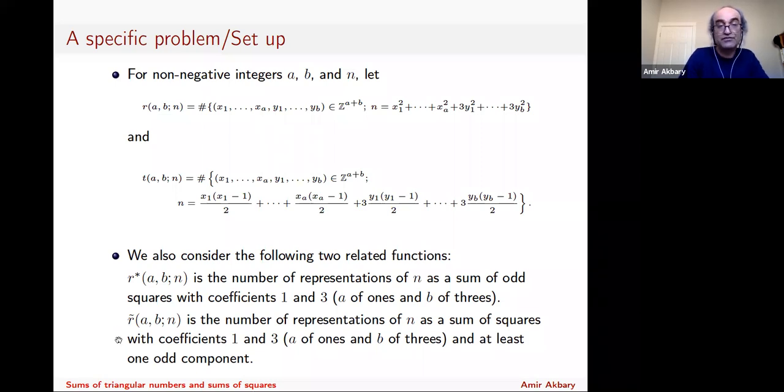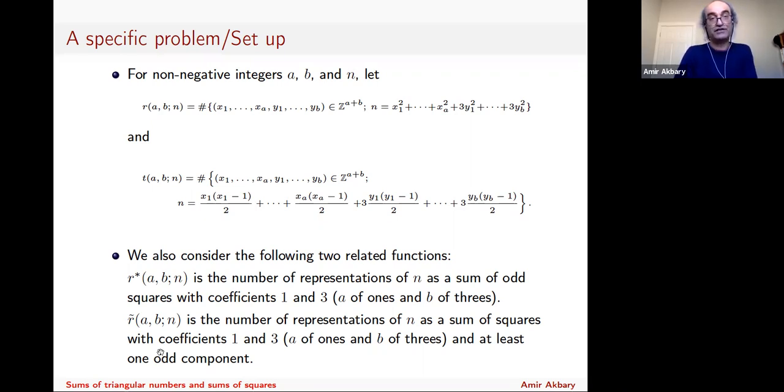And then this function R tilde, which is the number of representations of n as a sum of squares with coefficient 1 and 3, a of 1s and also b of 3s. But here we are assuming that at least one of the components is odd.